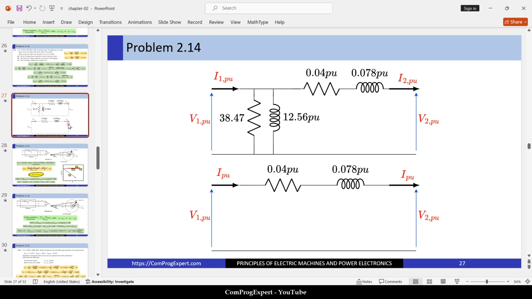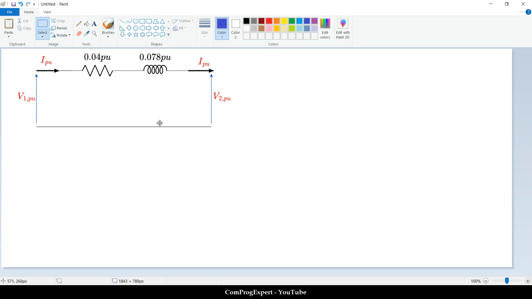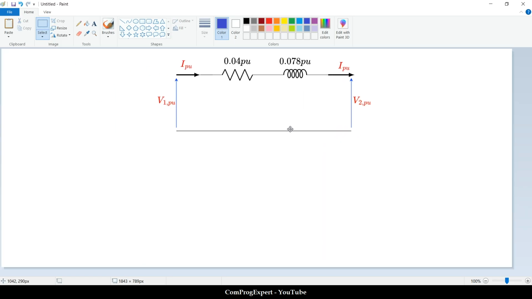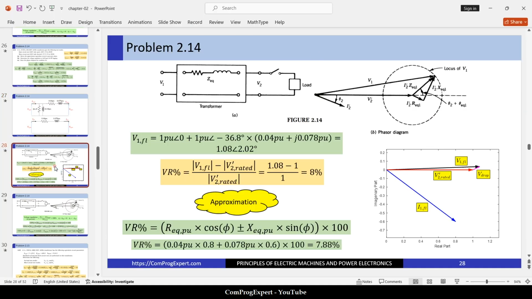So here is the model that we have for the transformer, okay? And you know that this is the definition of the voltage regulation. We had the two definitions, right? This is the second one.